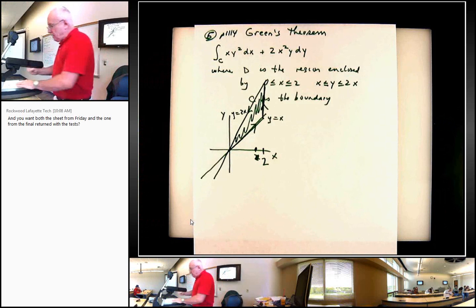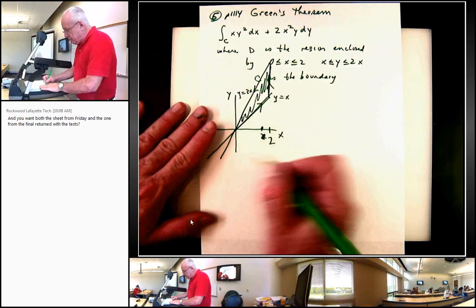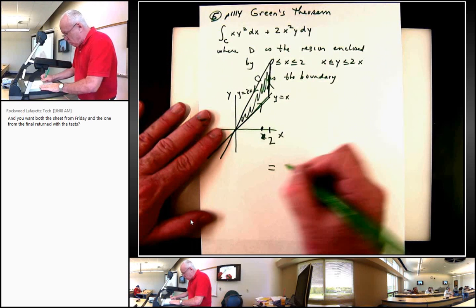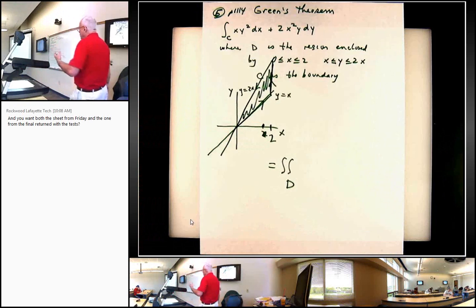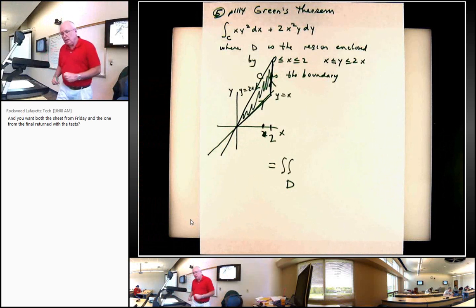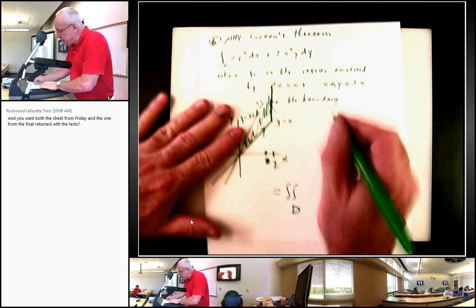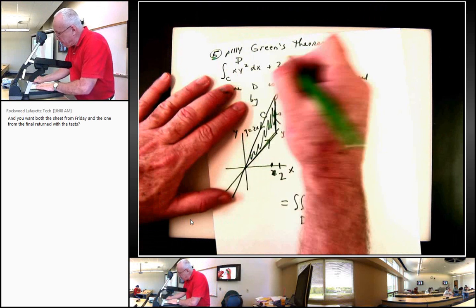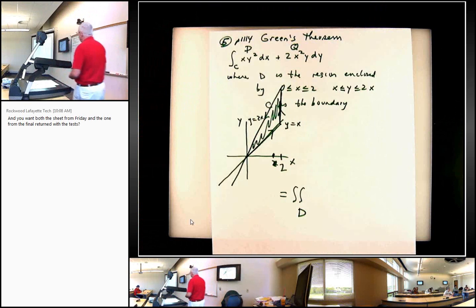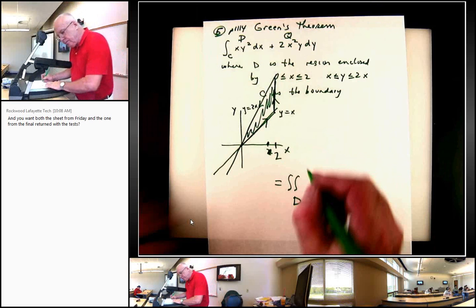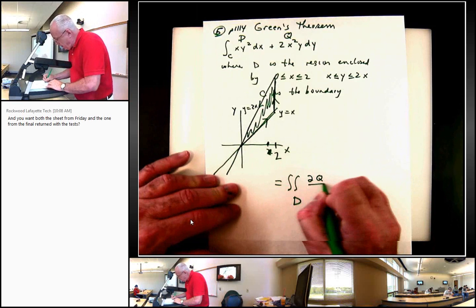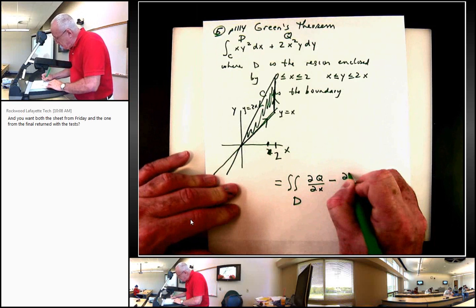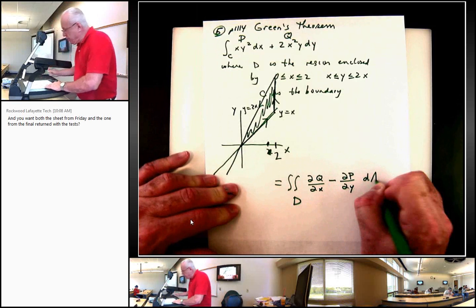Okay. So let's first of all put what Green's theorem is. This is going to equal basically the double integral over our region D of, let's see, this is P up here and this is Q. It's going to be dQ/dx minus dP/dy, and then we do dA of that.